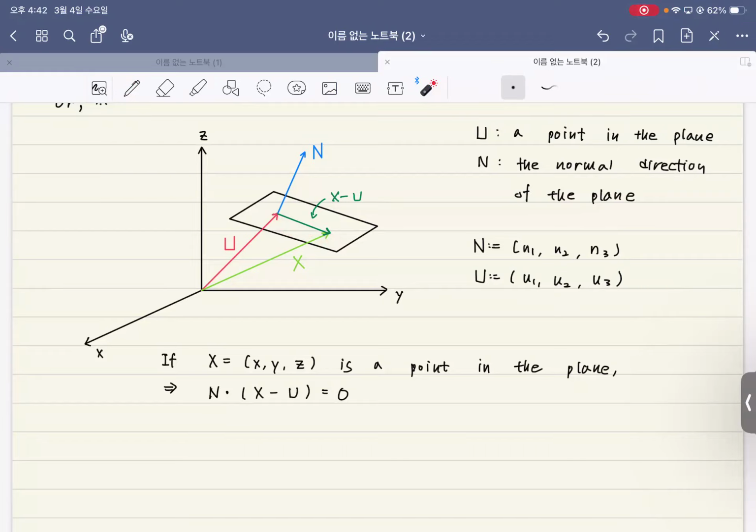Now, as you can see from this picture, X is a point in the plane, and U is also a point in the plane. Therefore, this vector X minus U clearly is contained in the plane. And since N is a normal vector of this plane, they must form a right angle. This is why the dot product of N and X minus U must be 0.